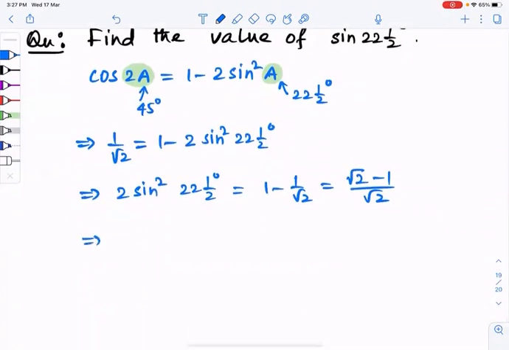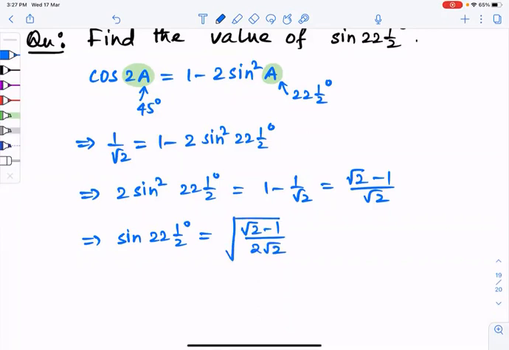And that will imply sine 22.5 degrees is equal to root of root 2 minus 1 by 2 root 2, and there will be a whole root because we have a square here. That is sine 22.5. Okay, so it's not a nice value.